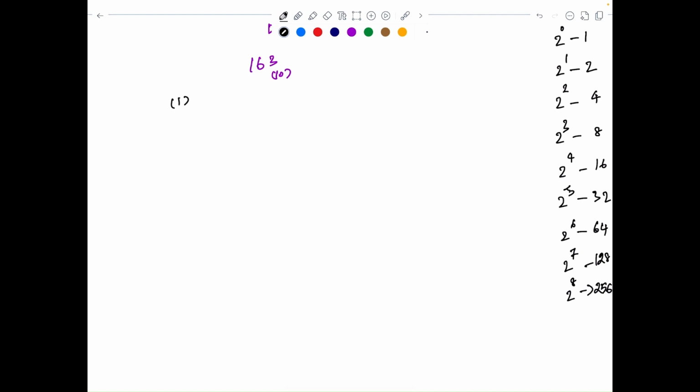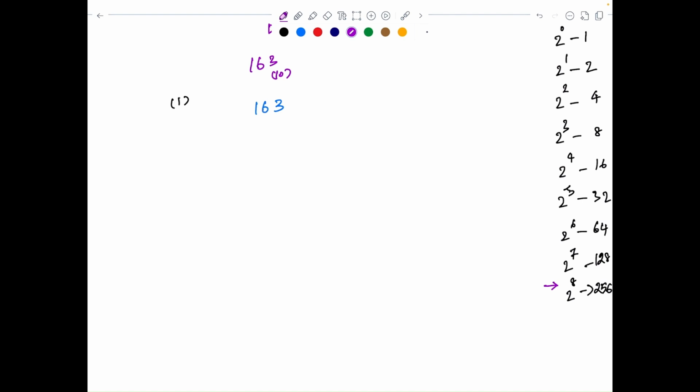Now, 163 is here. In which range does 163 fall? It falls between 2 power 7 and 2 power 8.